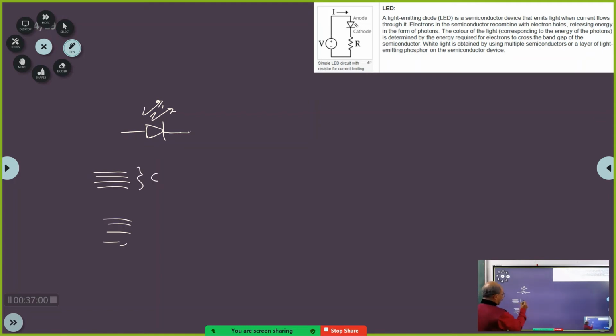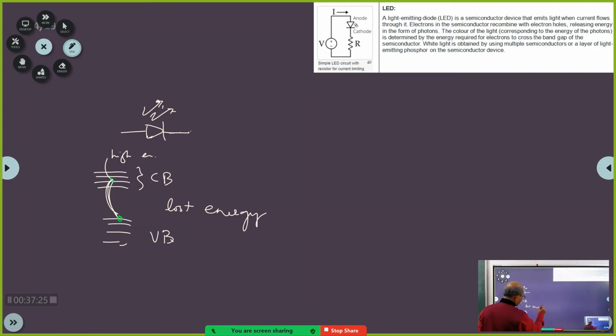There are conduction band and valence band. A conduction band electron has got what? High energy. Okay, and when this conduction band electron falls into the valence band and gets trapped, that means this electron has now lost energy.